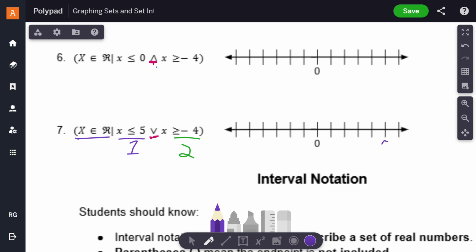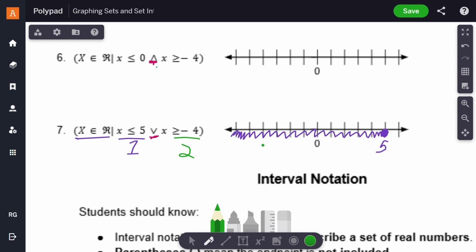So 1, 2, 3, 4, 5's here. Because there's the bar under the inequality, less than or equal to, there'll be a closed circle. And I'm actually going to write this on the bottom so you can see which direction this is going. And x includes all the numbers less than 5.